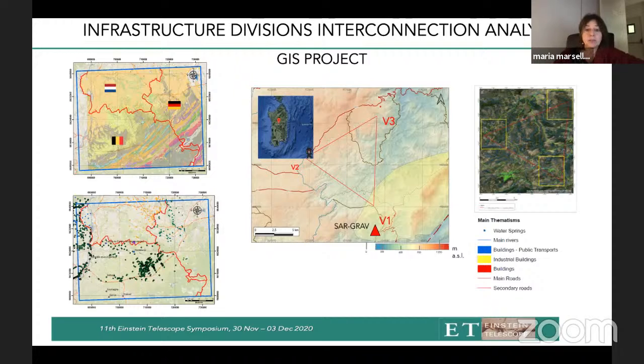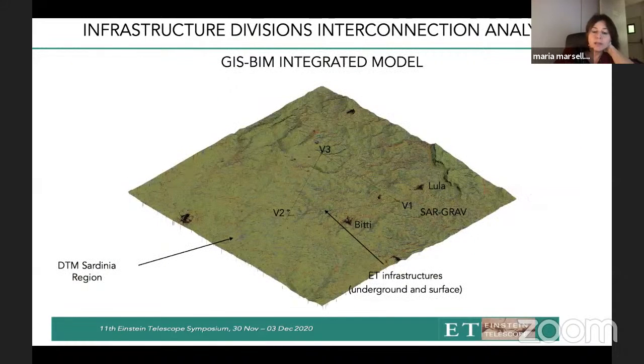This can be done for both sites in order to allow everybody to have access to our activity. This will be integrated with a BIM model that is mostly dedicated to the infrastructure 3D modeling. Okay, this is all for me.